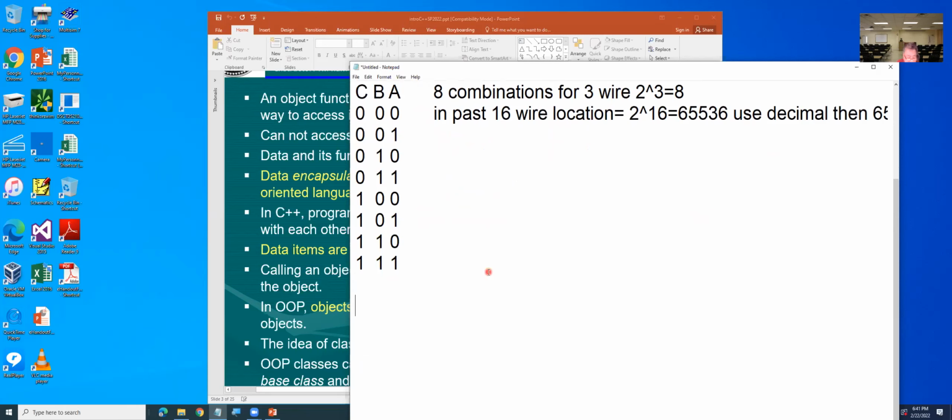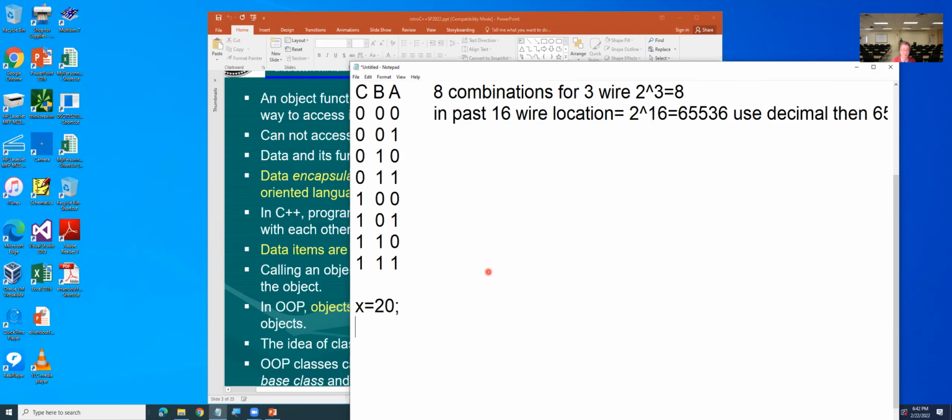So if I say X equal 20, then the computer does not understand. X is basically just a location address inside the computer, and you want to put the number 20 into that variable.